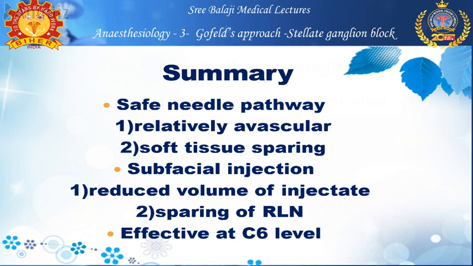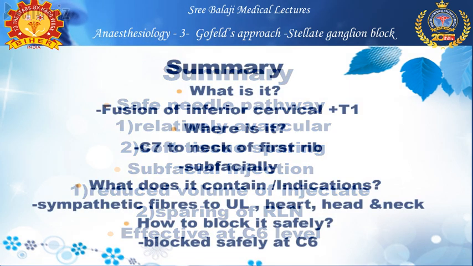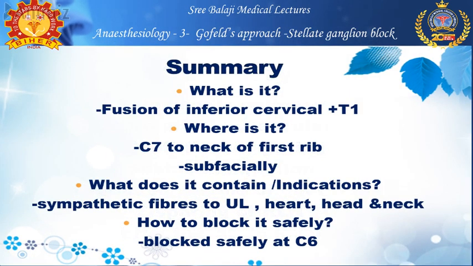Though the stellate ganglion is present at the level of C7, this block can be performed at the level of C6, thereby avoiding injury to the vertebral artery. And we have also seen what are the indications and what are the sympathetic fibers that will supply the upper limb, heart, head and neck, and how to block it safely at the level of C6.